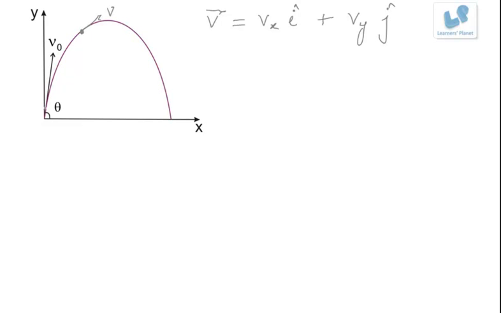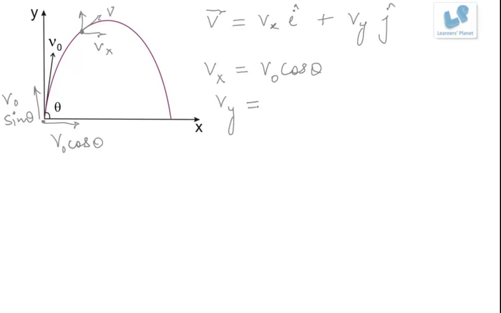Now initially when it started, it had an initial velocity of v0 cos theta, and in the y direction it was v0 sine theta. Now vx after some point of time will be the same because there is no acceleration in the x direction, so it is v0 cos theta.